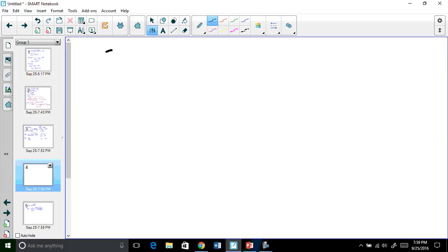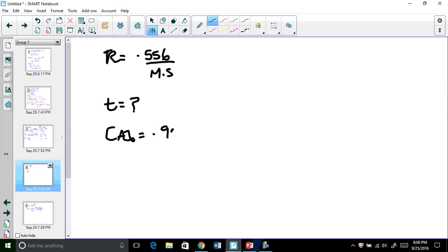On this one, we know that K is 0.556. We just solved for that in part A. The time is, this is what we're looking for. It says how much time does it take for the initial concentration to go from 0.9 to, and T, it really is T, we don't know T this time, to 0.1.